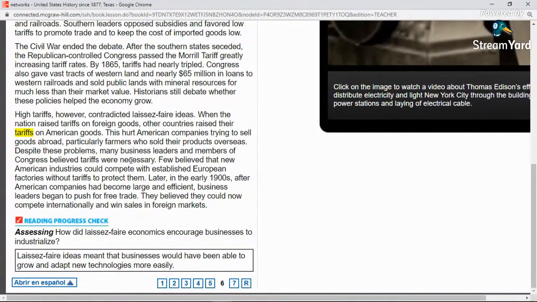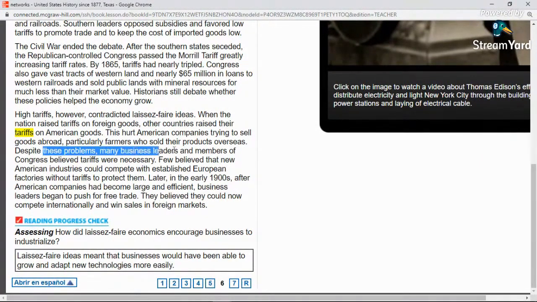And in fact, in Brazil, it's something that happens because there is this battle between more nationalistic trade policy and more global trade policy that you can see even in Brazil. So anyway, this helped American companies trying to sell goods abroad.